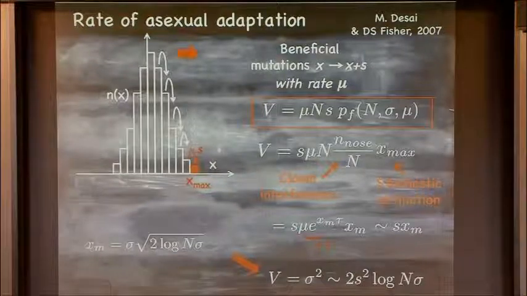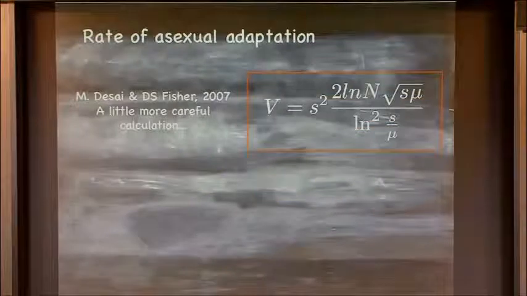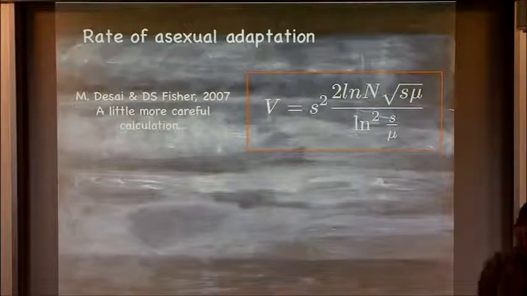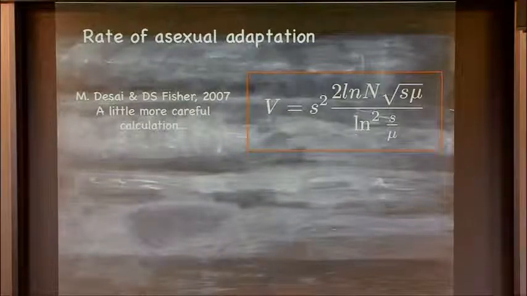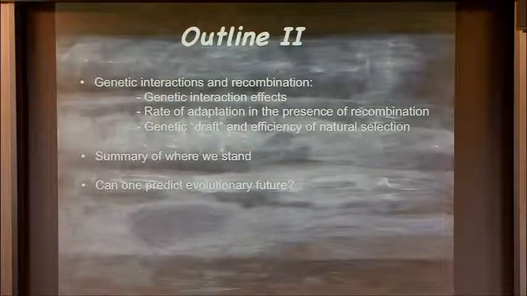But all I want to show you here is that a linear dependence is replaced by a logarithmic, much weaker dependence on the population size. And the real expression you'll find in Desai-Fisher. But the guts of the calculation we captured in just 3 lines on the previous slide. Okay, so I obviously plan to do this in my first lecture.